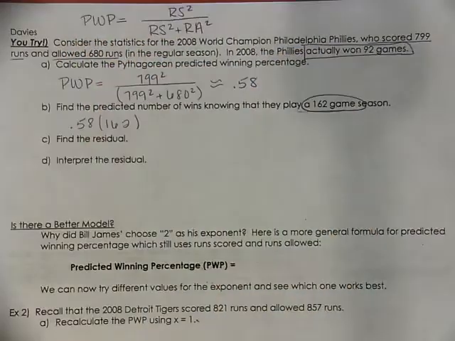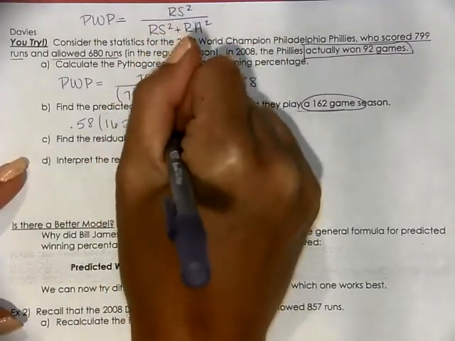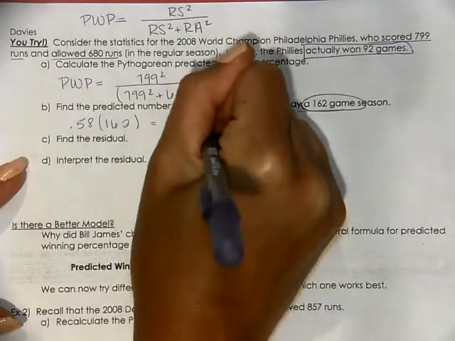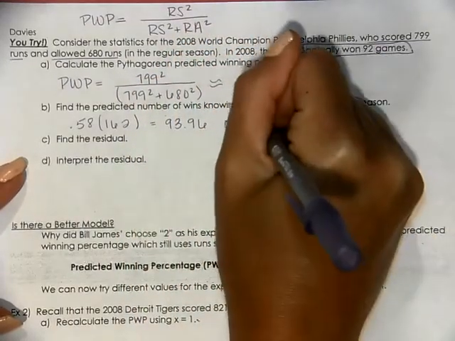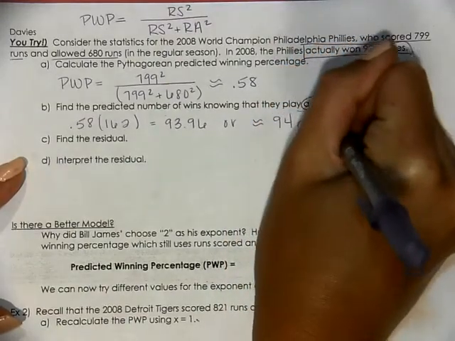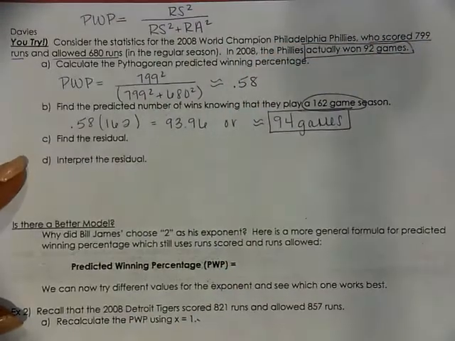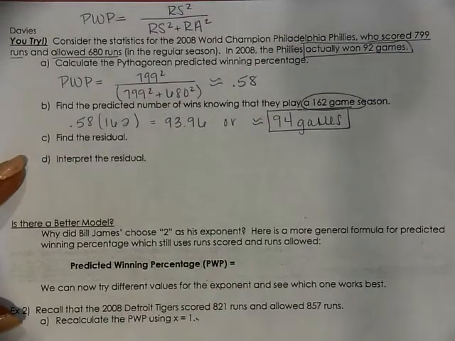So what's 58% of 162? And you get 93.96, so we'll just round that accordingly, or about 94 games or wins. So find the residual.